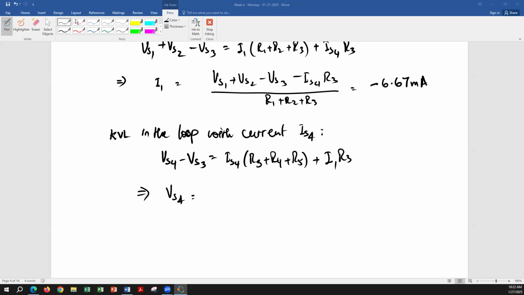That is 27.4 volts. So therefore, power of IS4 is equal to VS4 times IS4, which is 2.74 watts.